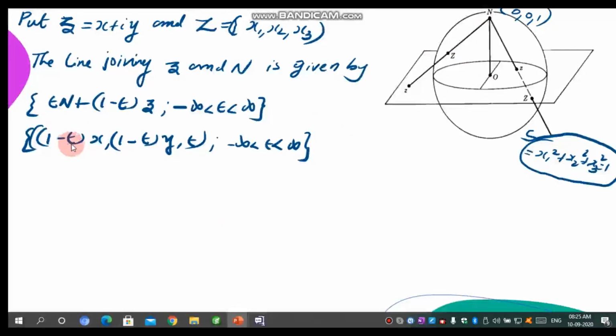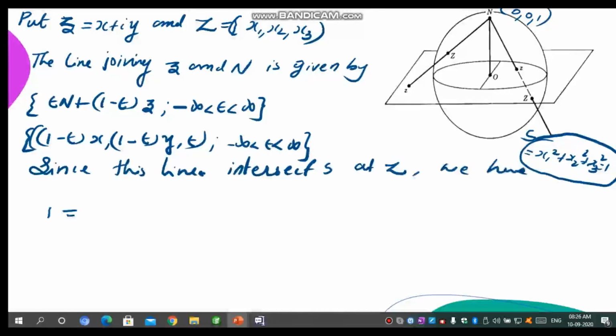This is the line in R3 through Z and N given by these points. Hence we can find the coordinates of capital Z, so we can find the values of t.